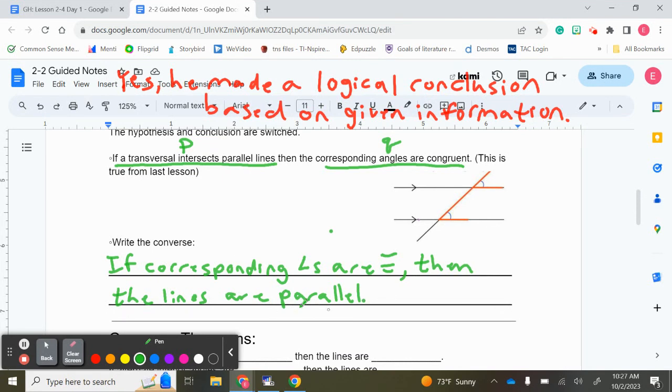Questions on that? Everybody still writing? See one person. See, I'm just waiting. 2 people.